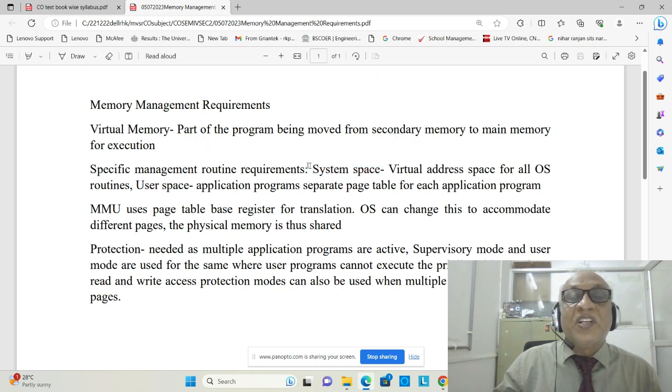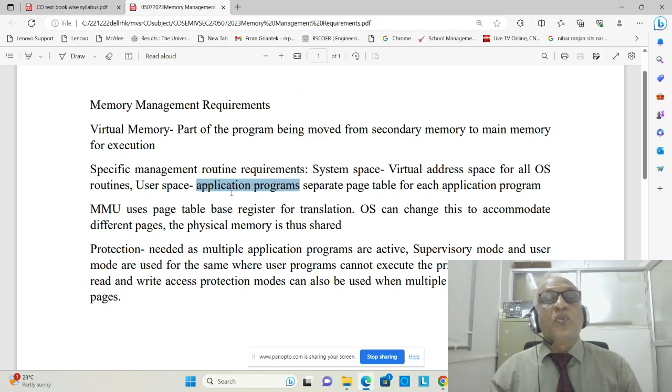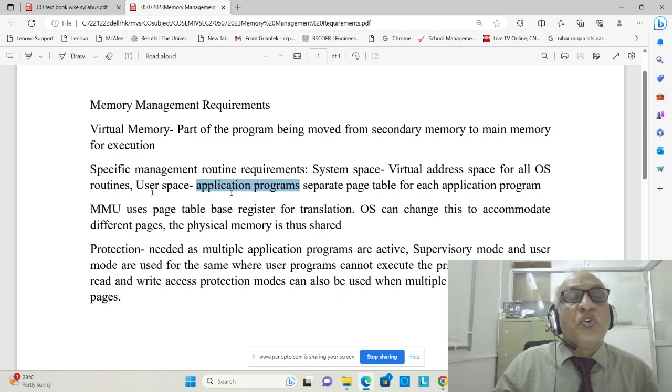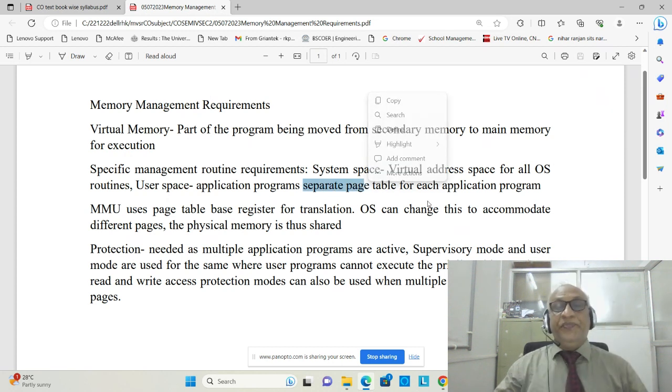The system space will have all the operating system routines required for implementation of this virtual memory concept, while the user space will have the application programs. There can be multiple application programs active at the same time, so you can treat your user space similarly. You will have a data structure called page table, and there will be a separate page table for each application program. This is the concept.